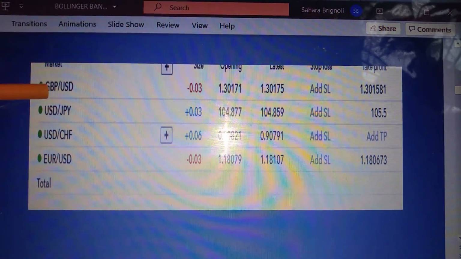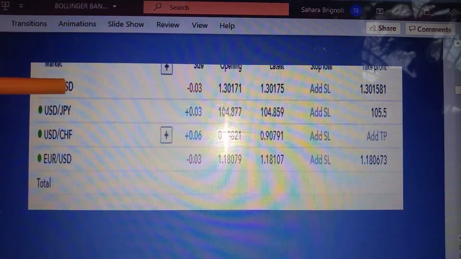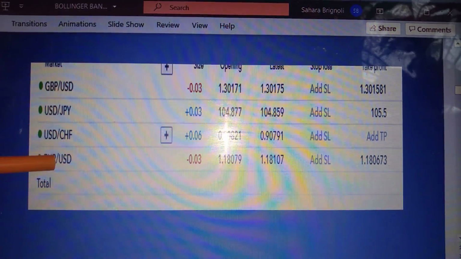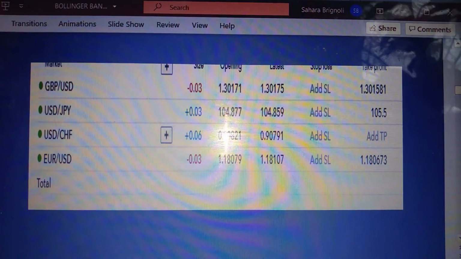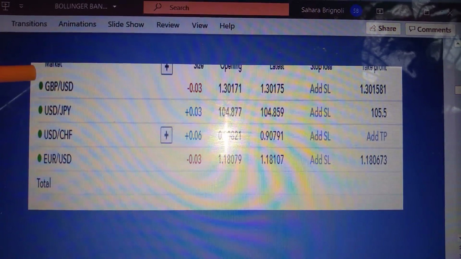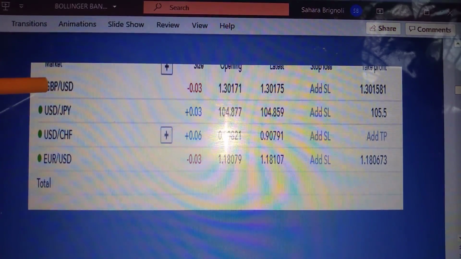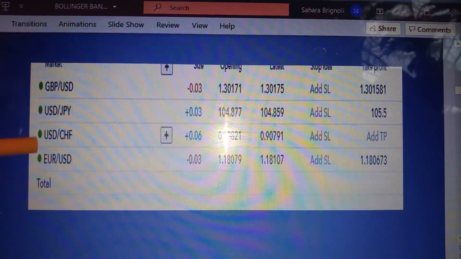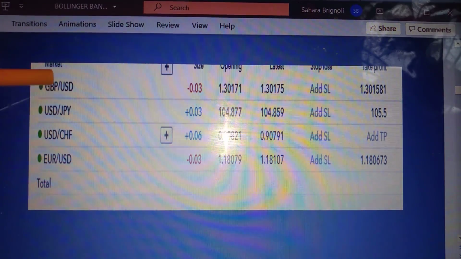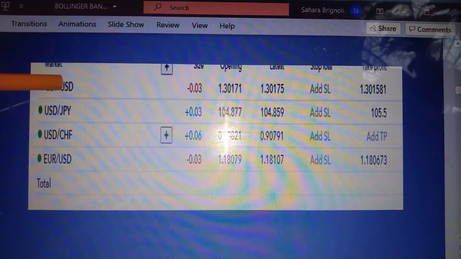This is pound USD, euro USD. The similarity is that it has these two entities, pound and the euro, in front of the US dollar.